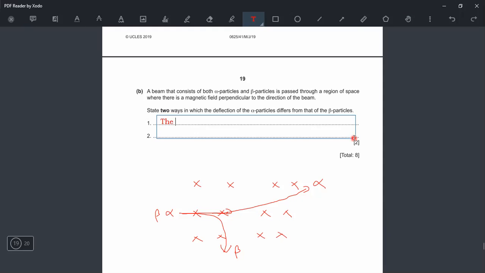So the alpha and beta particles move in opposite directions, and the beta particles deflect more than the alpha.